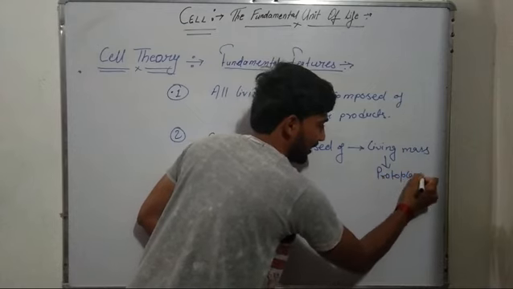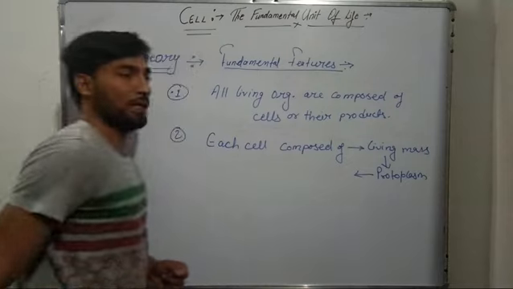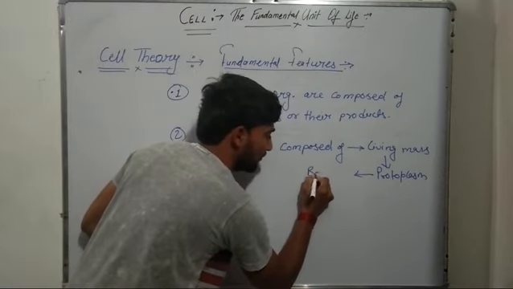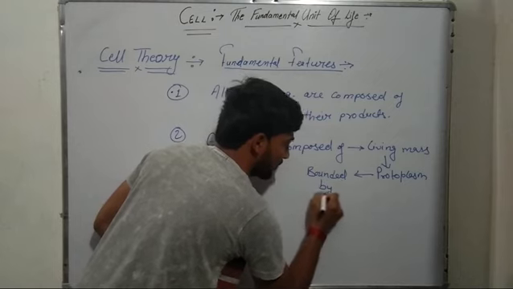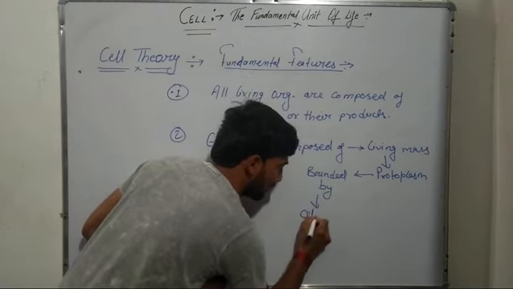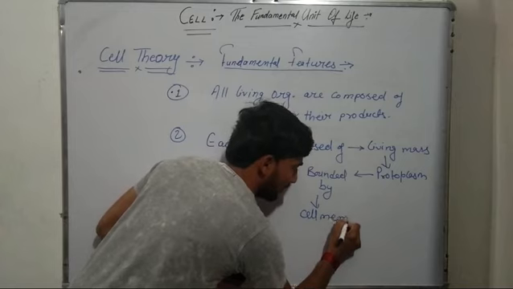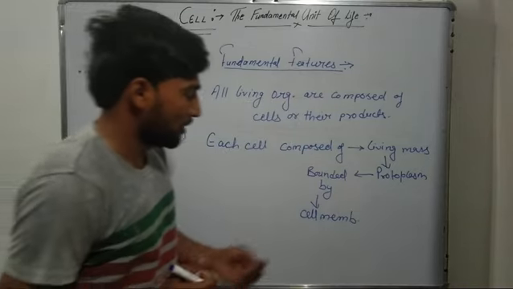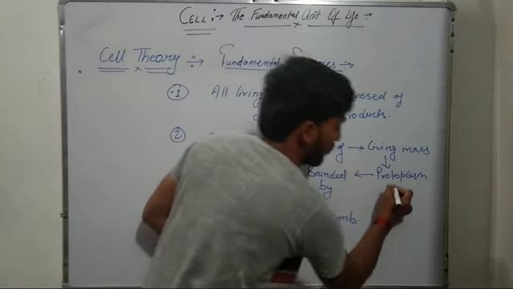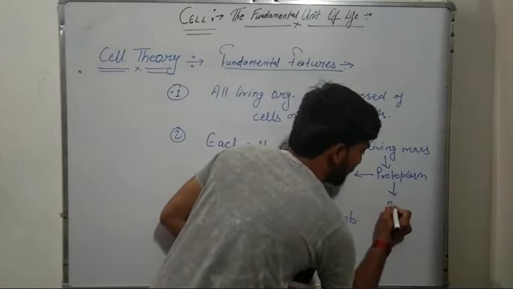In each cell, this protoplasm is bounded by a cell membrane. This cell membrane is also known as the plasma membrane or the plasmalemma, and inside this protoplasm it contains a nucleus.